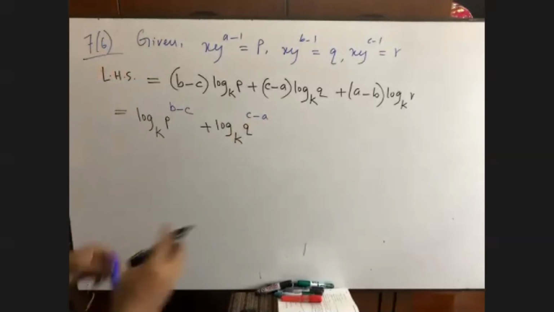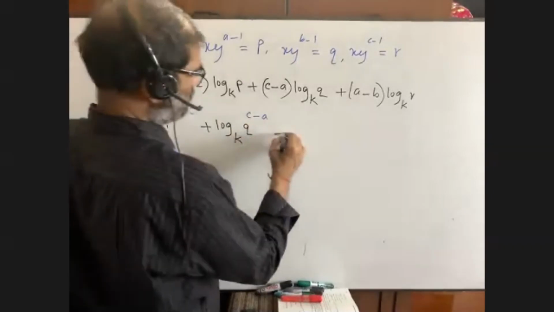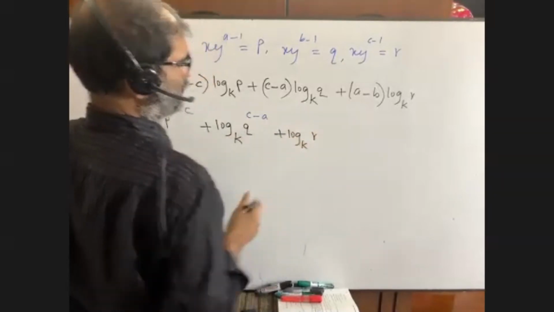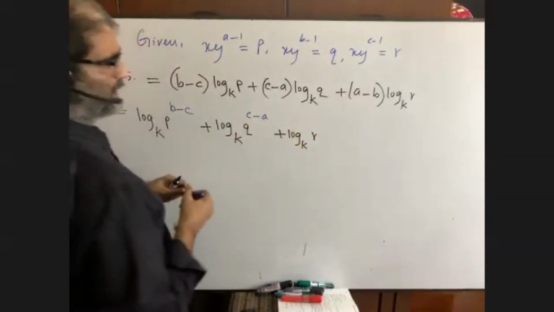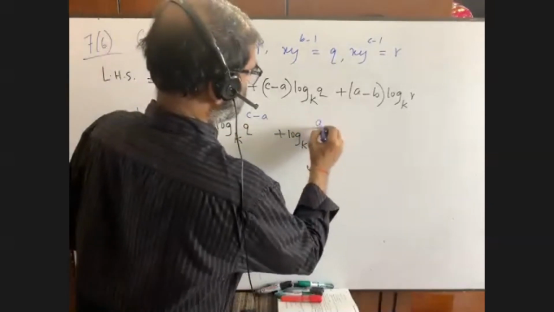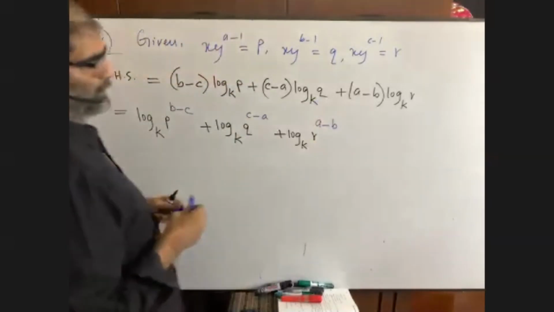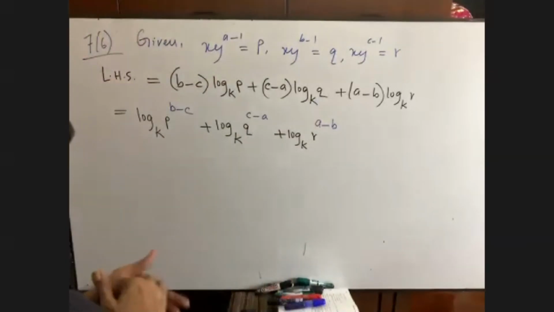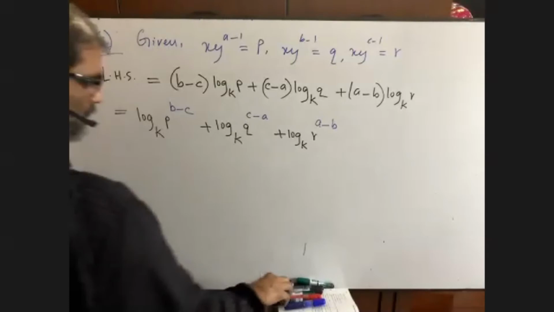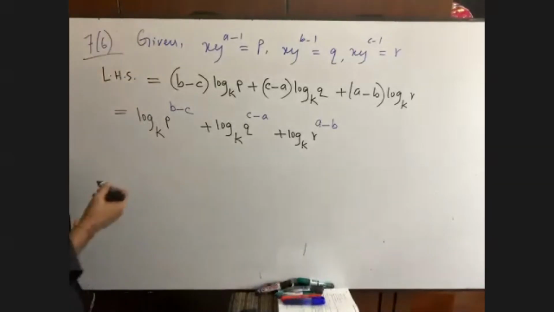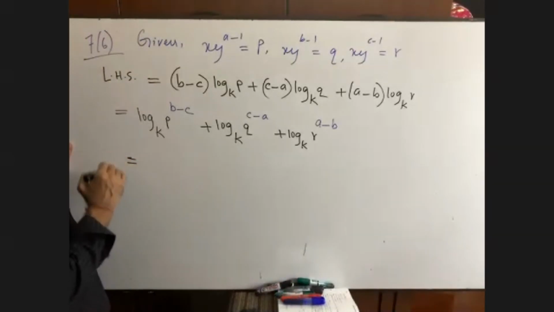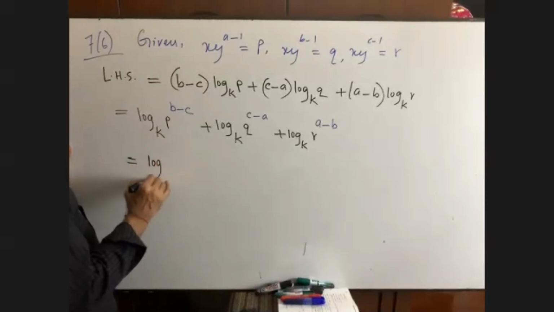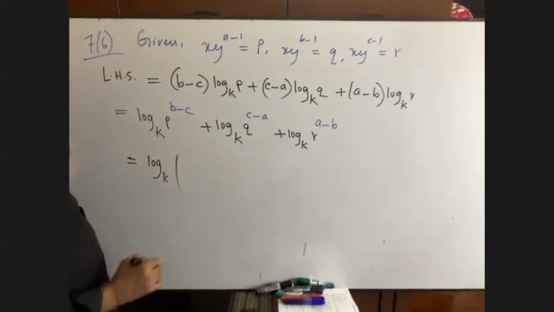In the same way, the last part, log kr to the power a minus b. Which is equal to, you see, log k.